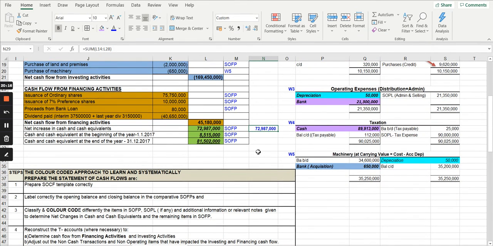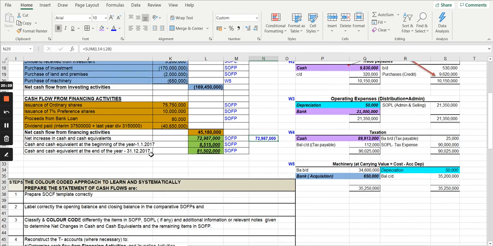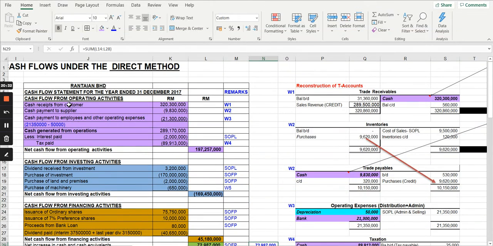In certain situations, you may be asked to also prepare a reconciliation statement, which shows the reconciliation of profit before tax under the indirect method as compared to the figure given here. You can also be asked to do the reconciliation statement, but here this is not the case.